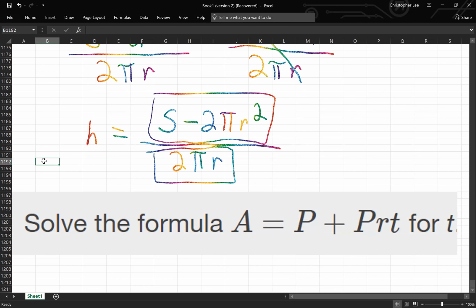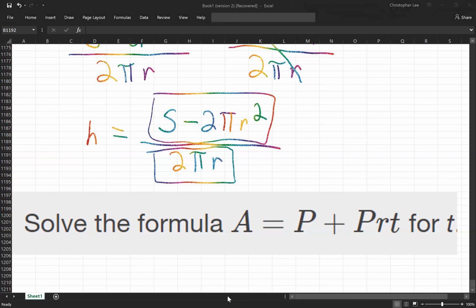So A is equal to P plus PRT, and you want to solve for T. All right. Give y'all a second to try that out.